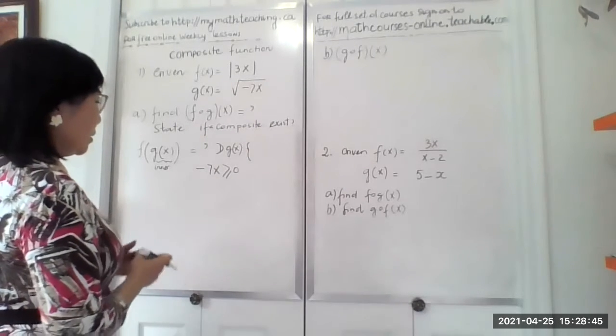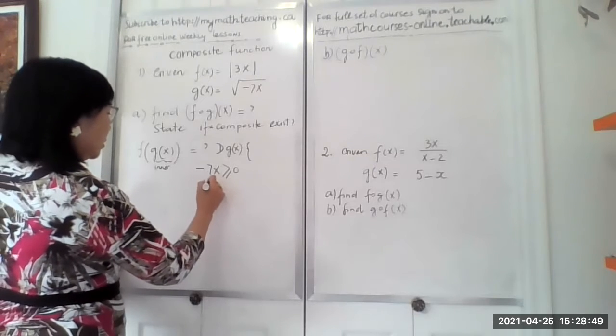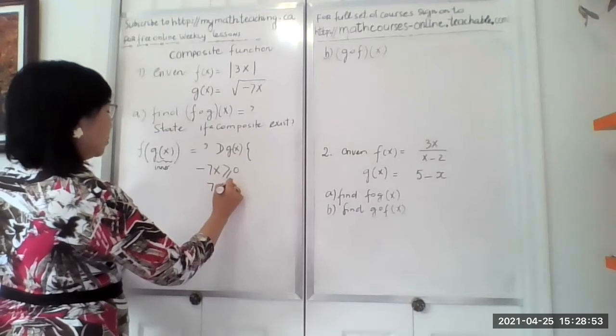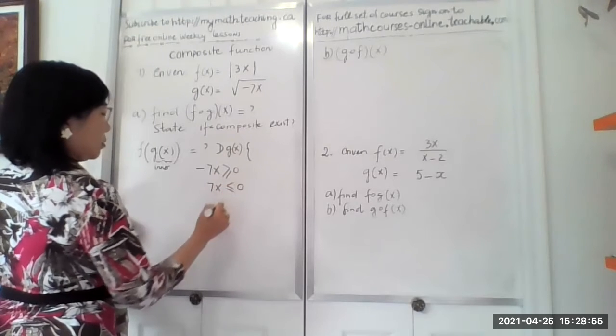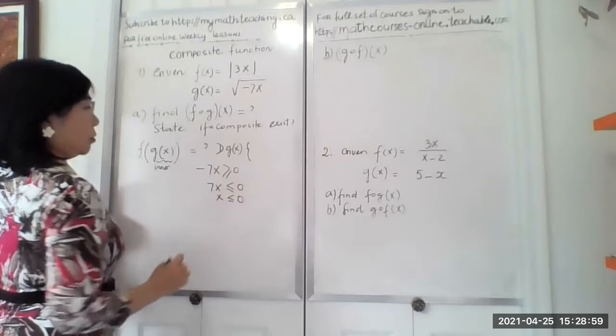So what does it tell us? We're going to flip this so it becomes positive 7x has to be less than or equal to 0, which is x has to be less than or equal to 0.